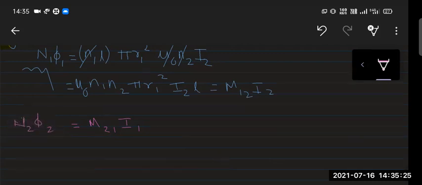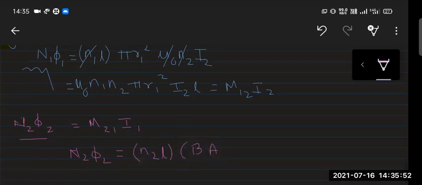Now you have to calculate this value. N2 phi 2 is nothing but N2 times the flux, which is B into A.